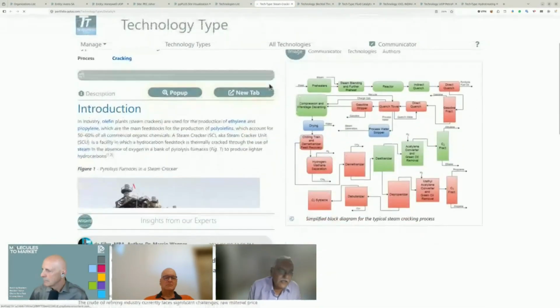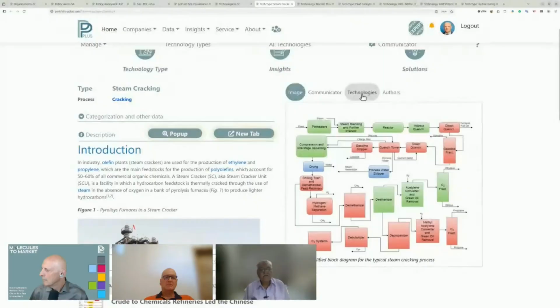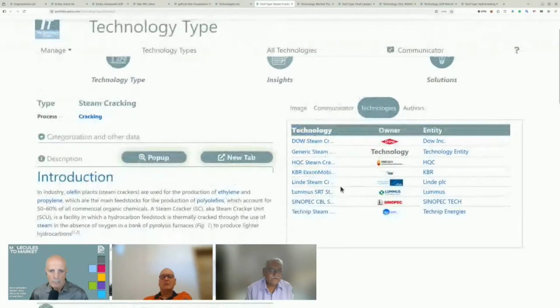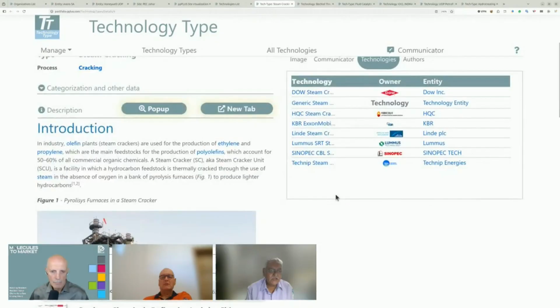You've got Linde, and you have KBR, millisecond cracker. These 4 are the prominent 4 olefin licensors. And it is never an easy choice to select an olefin plant on nomination basis. One would actually prefer to do what you call a technology selection for it.